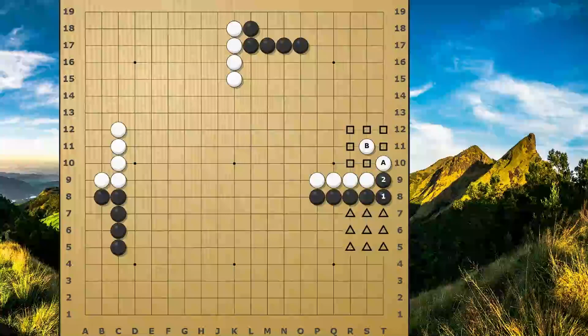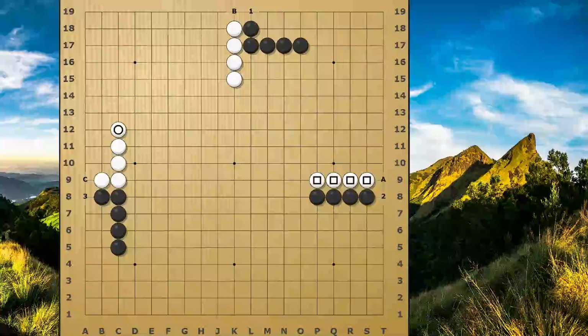Let's mark them. White's making eye shape here, so attacking that group is a completely lost prospect. It's never going to happen. Right, it's pretty difficult at that point. Or, instead of reducing here, black might say, actually, this area isn't white's points yet. Maybe I can invade.